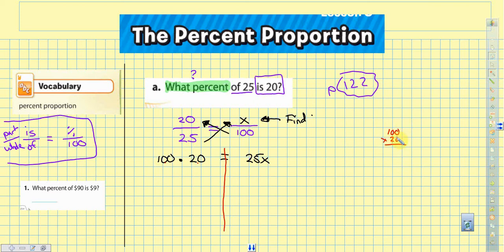If you know the trick with the zeros, that works out great. 2 times 0 is 0, 2 times 0 is 0, and then you have 2, and then you get 2,000. If you don't know the trick with the zeros, there's your scratch work. So we're going to get 2,000 is equal to 25x.